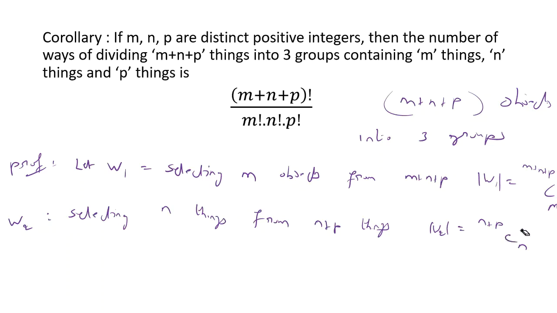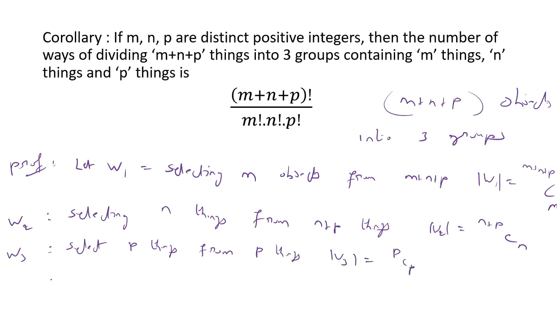Therefore, the number of ways of completing the task is equal to the number of ways of doing W1 times the number of ways of doing W2. Or else, if you are interested, you can write down W3 also. W3 is to select p objects or p things from p things. So this can be done in p choose p ways.